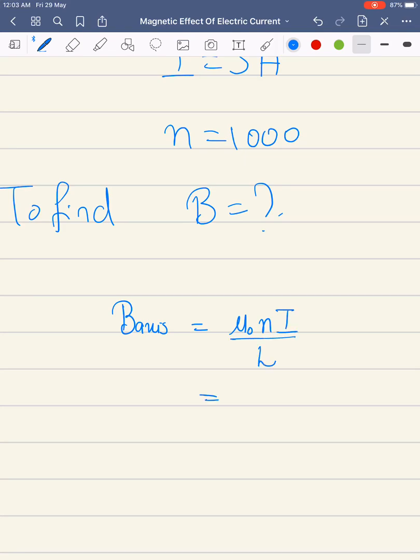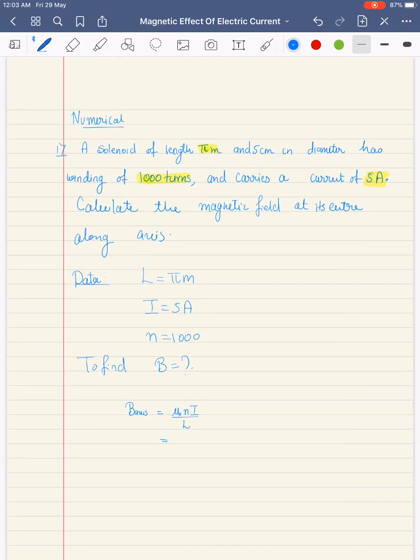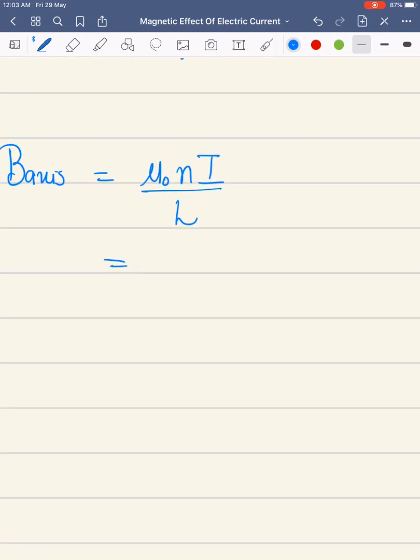divided by L. So this data, 5 centimeter in diameter, is superfluous data, it is of no use. So directly I'll use mu naught value as 4 pi into 10 raised to minus 7. Number of turns is 1000, so 10 raised to 3.